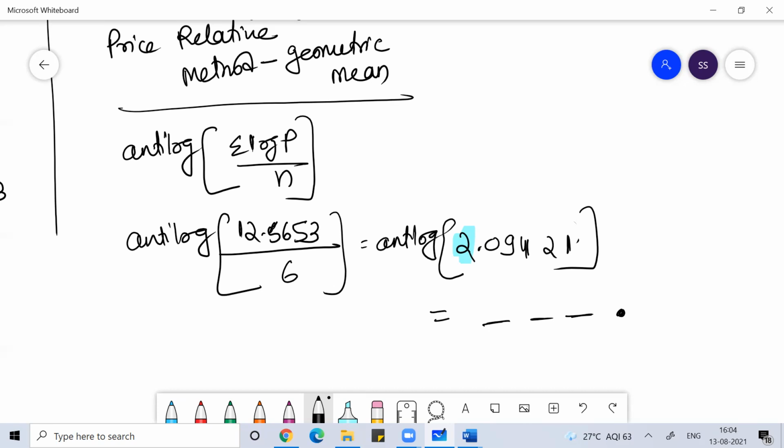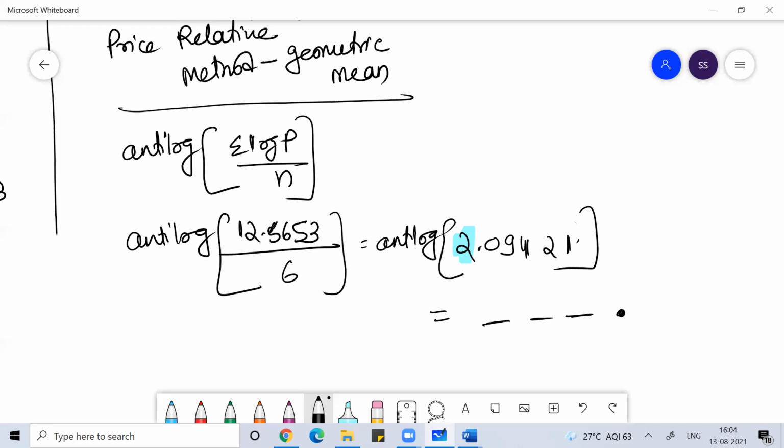Anti-log is the reverse of log. In log, after 3 digits the decimal was there, so we did 3 minus 1. For anti-log, 2 plus 1, so after 3 digits you put the decimal.